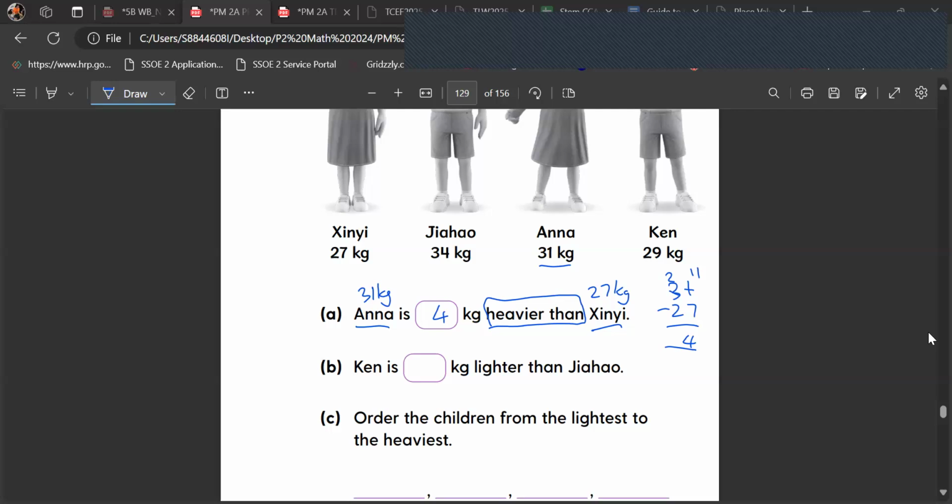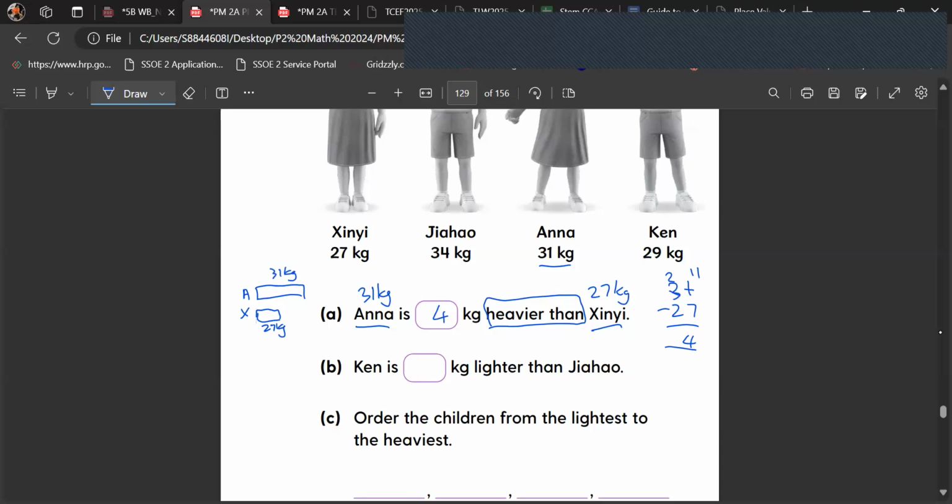So again, like how I drew the drawing just now, you can say that Anna is a longer bar. Just now I drew it from top to bottom. Now I can draw side by side. So for example, here's Anna, and Xingyi is a shorter bar because Xingyi is lighter. Xingyi is 27 kilogram and Anna is 31 kilogram.